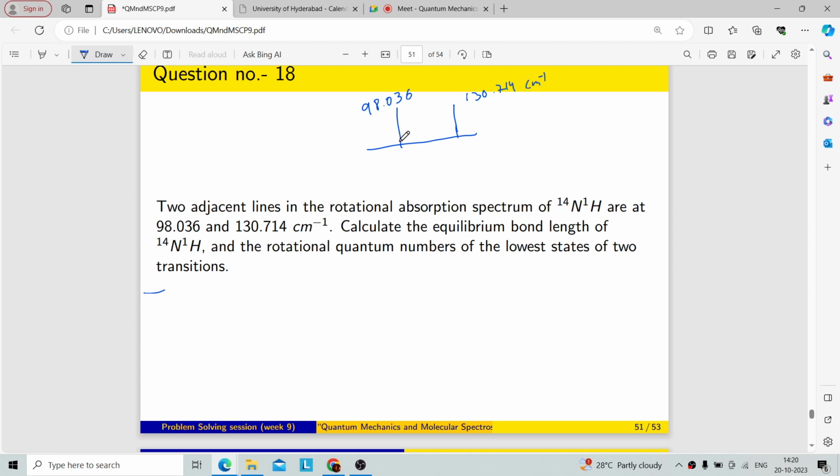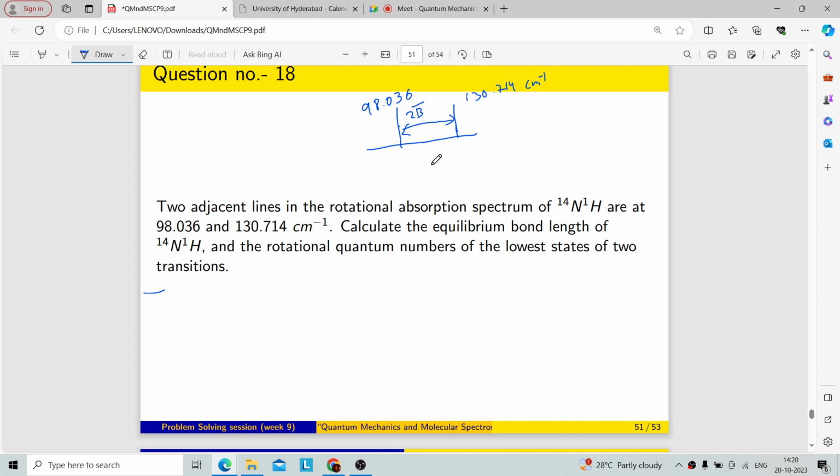So what will be the spacing between these two lines? This will be 2B, or in this case let's write this as 2B bar, as it is in terms of centimeter inverse.